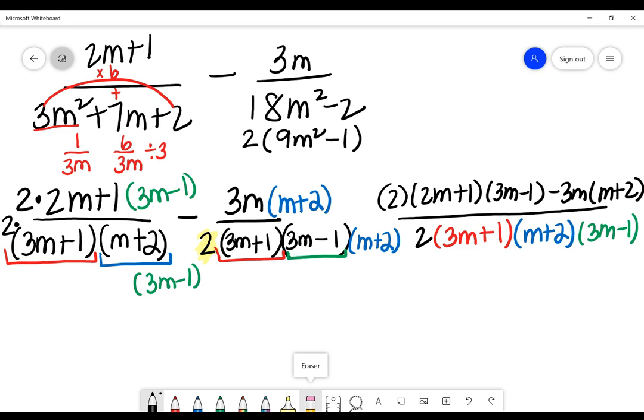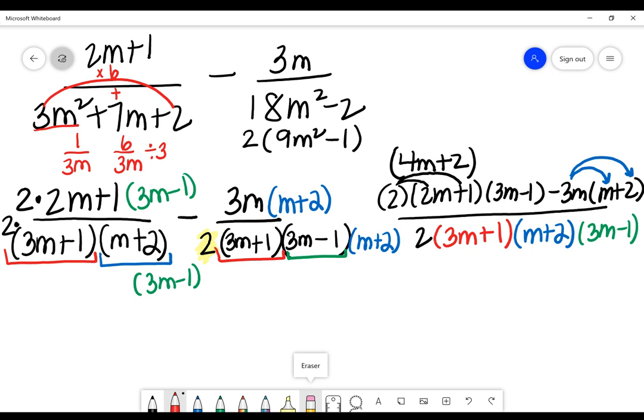Multiply those together. All right, so the first thing I'm going to do to combine all this is I'm going to multiply in a 2, and that's going to give me 4m plus 2. Then I have to multiply that by 3m minus 1. All right, so let's take a break on that for a second and look over here and say, okay, well, this is just pretty straightforward. I'm just going to distribute that in. But over here, well, I have to essentially double distribute.